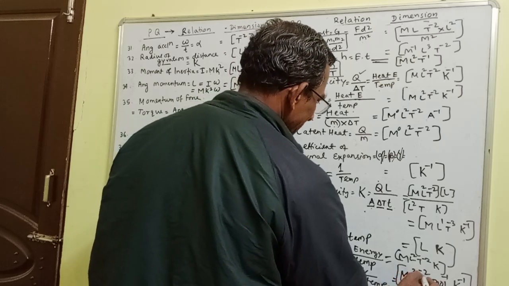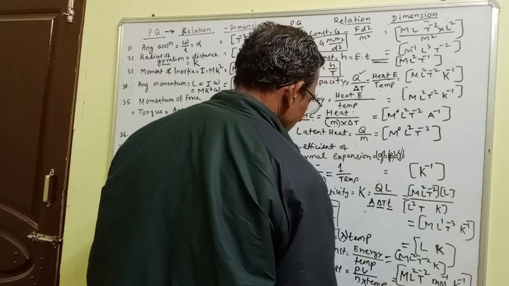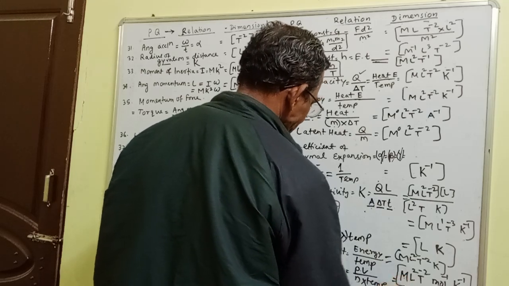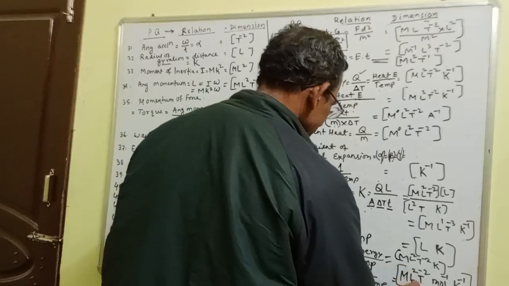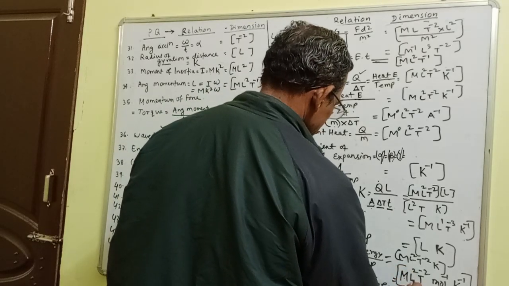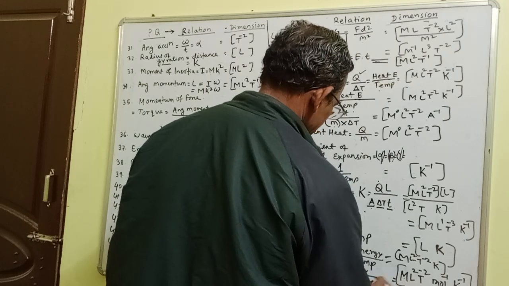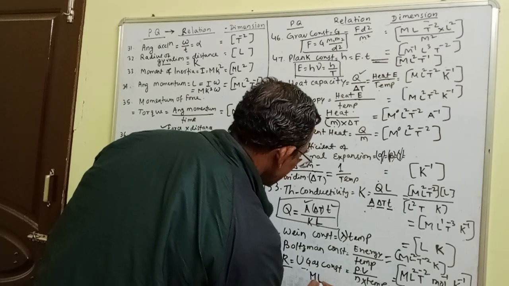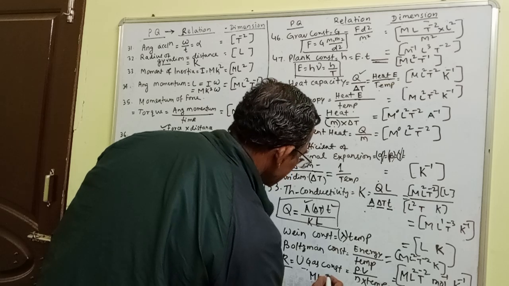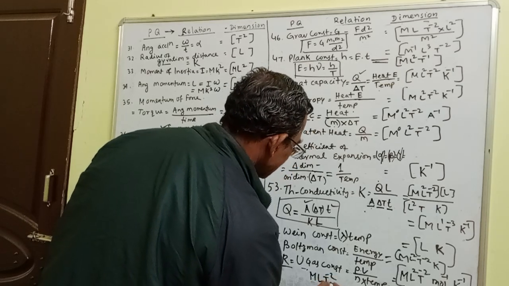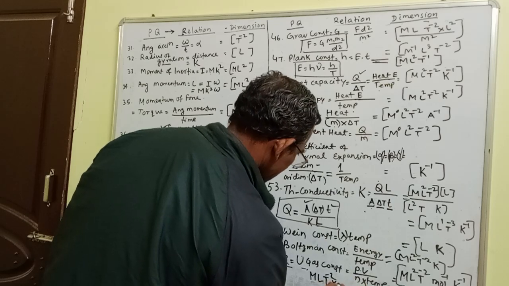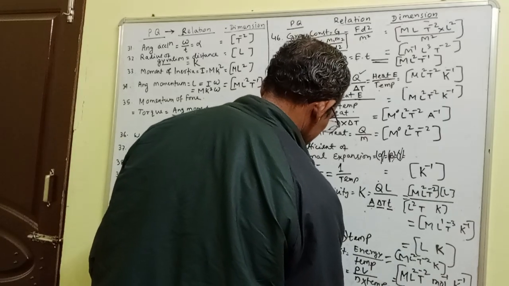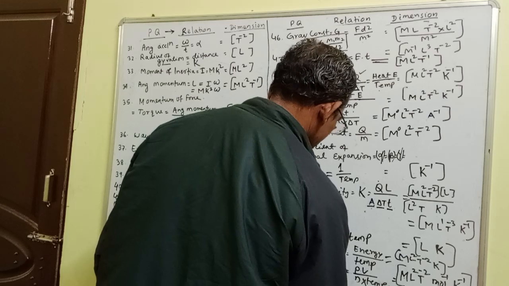Pressure is force divided by area, MLT minus 2 by L2, into volume, length cubed, divided by number of moles into temperature.